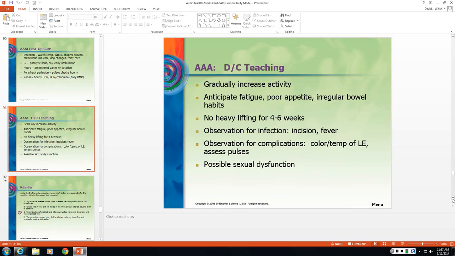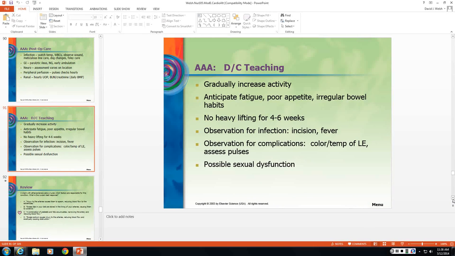Now, discharge teaching, you want to teach them to gradually increase activity. They need to know that they're going to anticipate fatigue, probably a poor appetite, irregular bowel habits to begin with. You don't want them to do any kind of heavy lifting for 4 to 6 weeks. You want to teach them how to look for infection, any kind of incisional infection or fever, and to call their doctor if they have any of that going on.